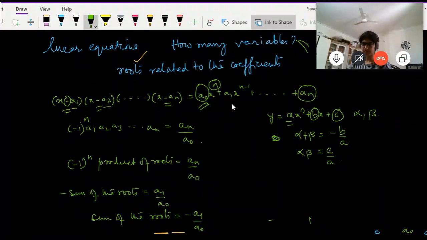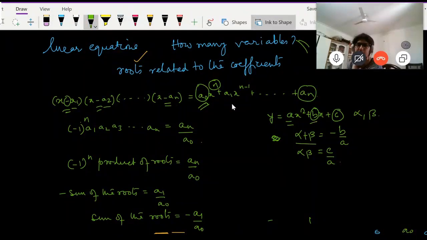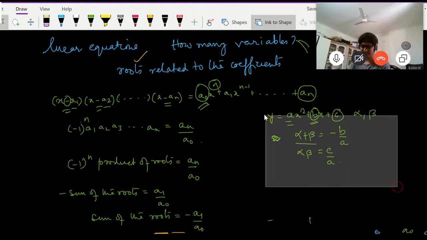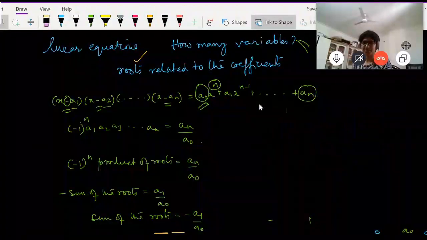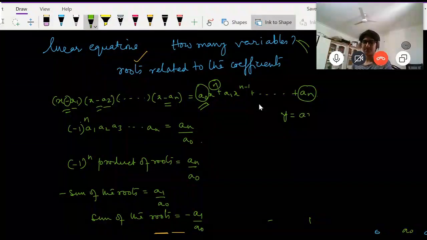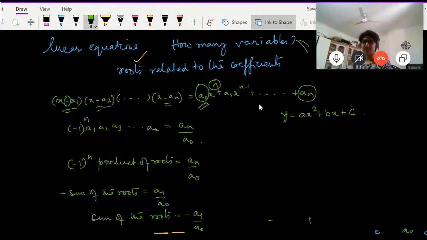So if it is quadratic, alpha plus beta would be, sir, I didn't hear you at all. Okay, let me repeat this. So if it is a quadratic equation, generally of the form y equal to ax square plus bx plus c, right?